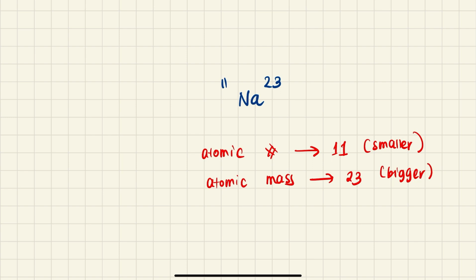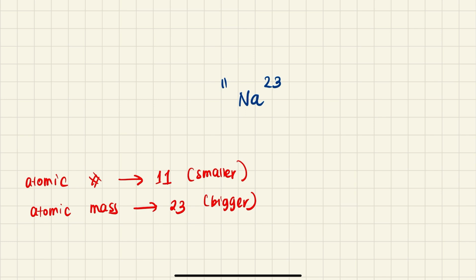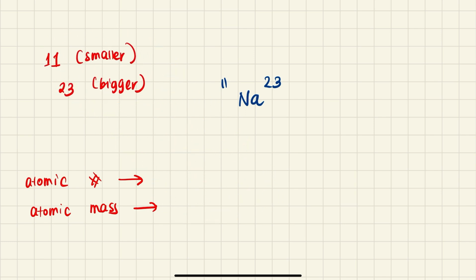Now that you know which one is your atomic mass and which is your atomic number, you can see what they actually mean. The atomic number is nothing but your number of protons.